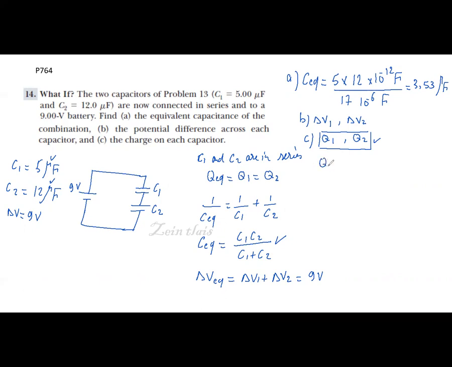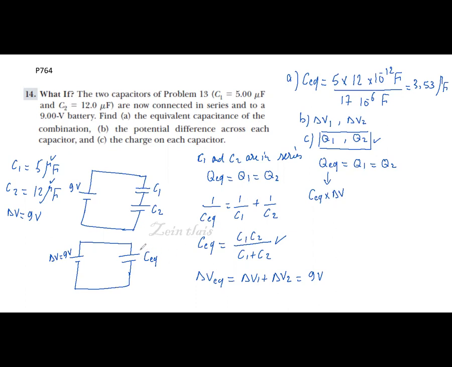I said Q equivalent equals Q1 equals Q2, and Q equivalent equals C equivalent times delta V, which is 9 volt, because here C equivalent is connected to delta V, which is 9 volt.